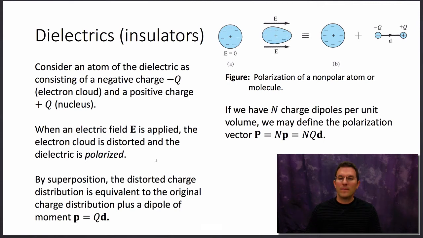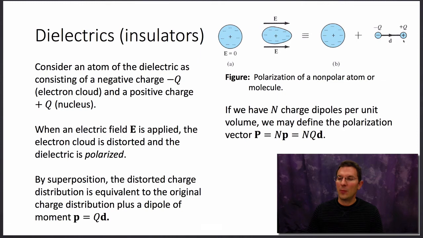Well, it turns out that by the principle of superposition, we can write an expression for the polarized charge density as the original charge density plus a little dipole that has moment q times the distance between the positive and negative charges d.